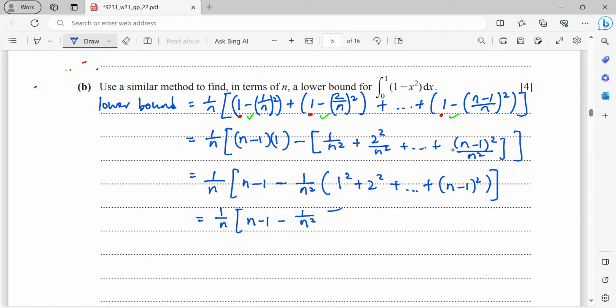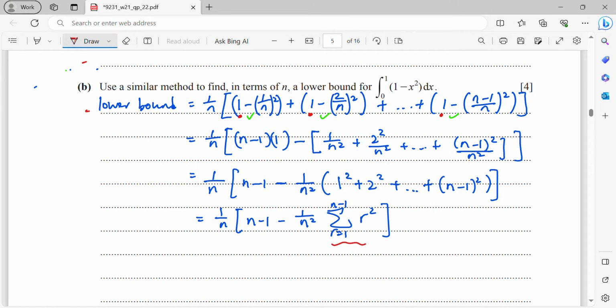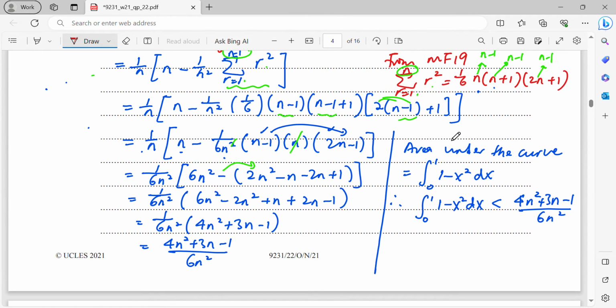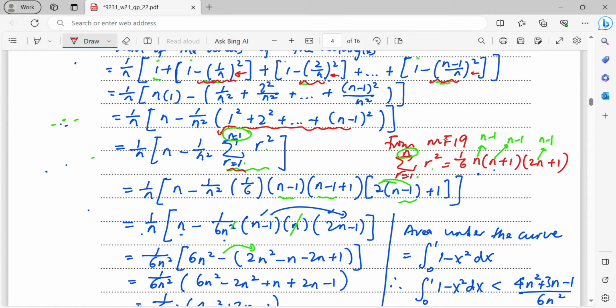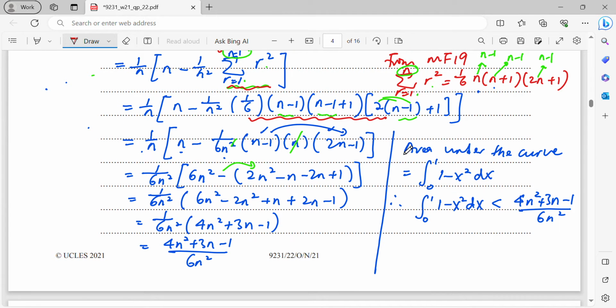This summation is summation r squared, r from 1 to n minus 1, which means it's exactly the same expression as just now. Exactly the same. So since it's exactly the same, I will just copy the answer from this part. Or probably you can just copy this 1 over 6.